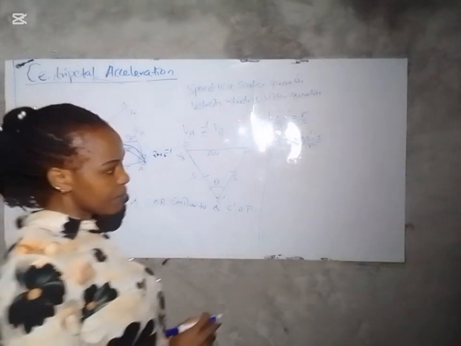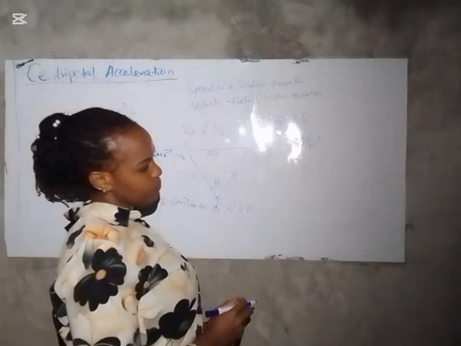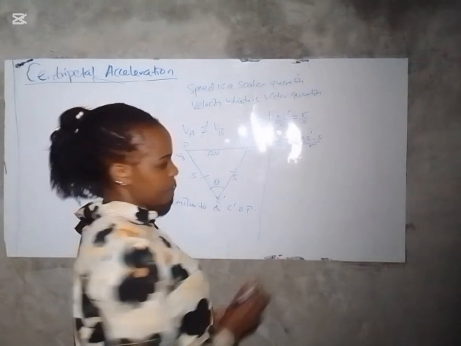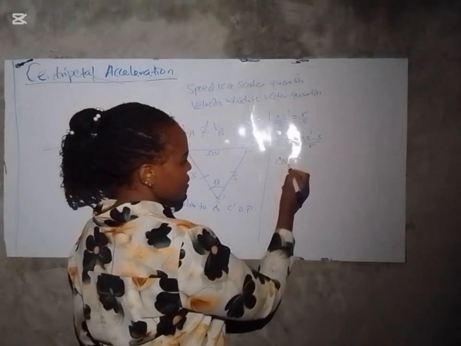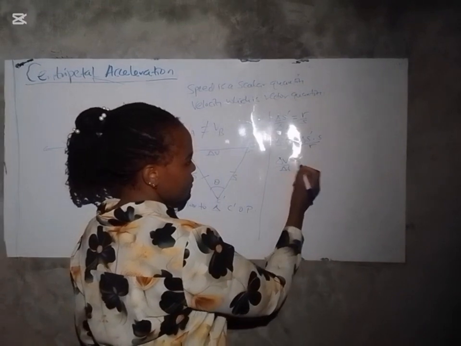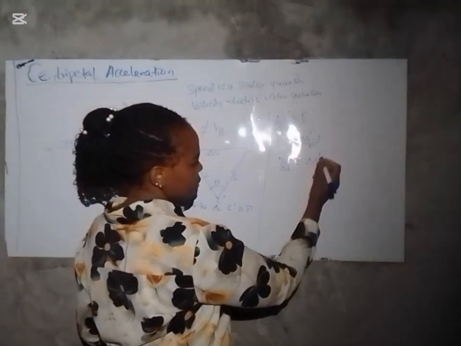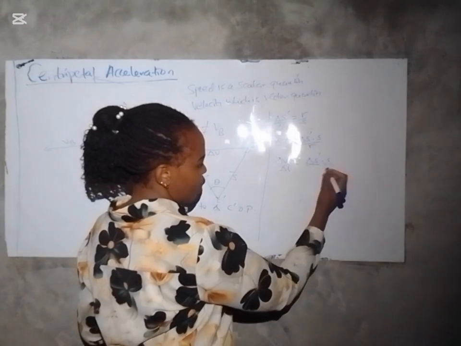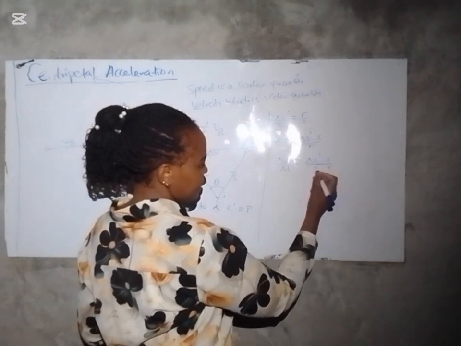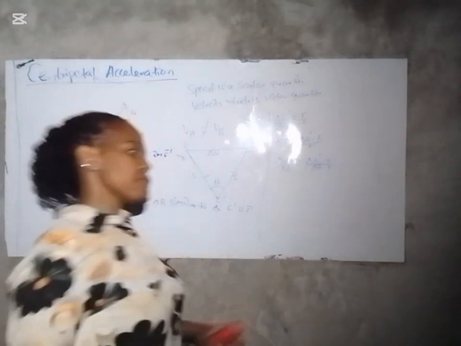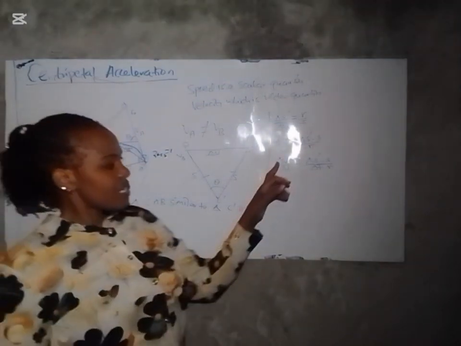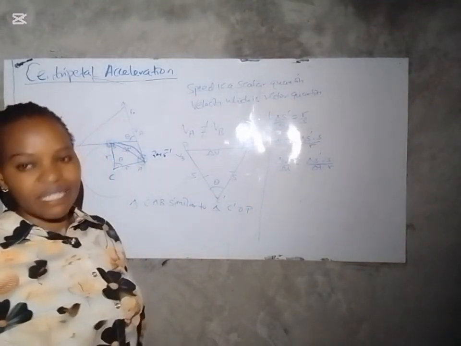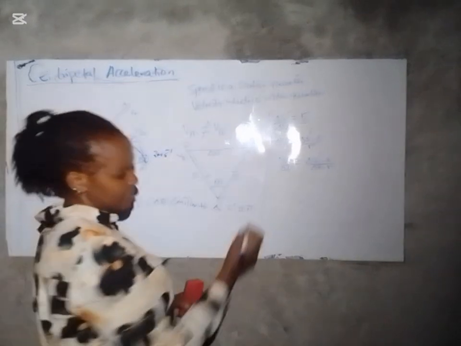Okay, now in that equation, I want us to divide both sides by delta T. We'll see why. So delta V over delta T will be equal to delta S prime multiplied by S over R delta T. But delta V over delta T, that is change in velocity divided by change in time taken, that is acceleration.